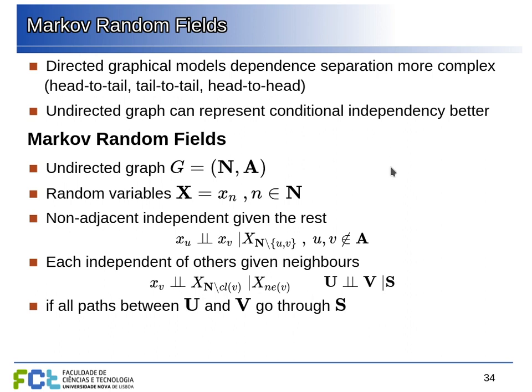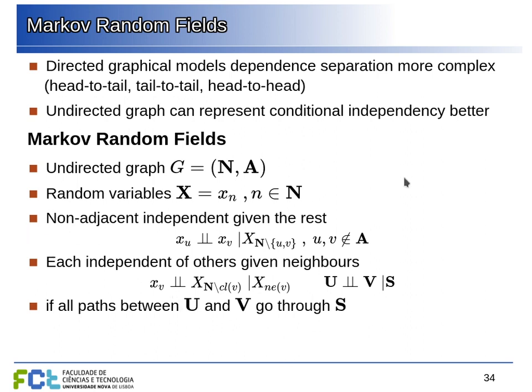Undirected graphs can represent this conditional independence between groups better, and I'm going to explain this a bit more. So basically we have an undirected graph where we have a set of random variables and the edges that link them together.